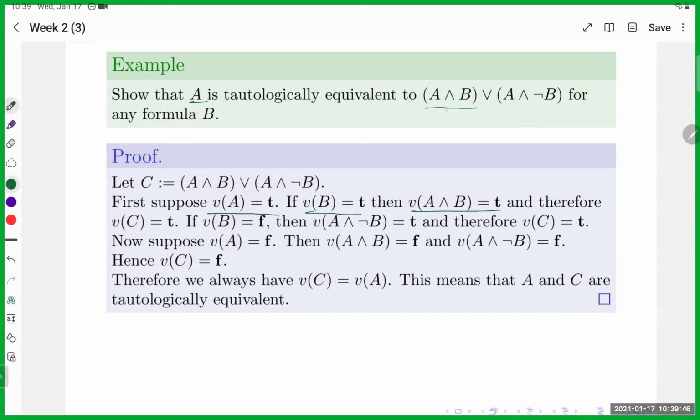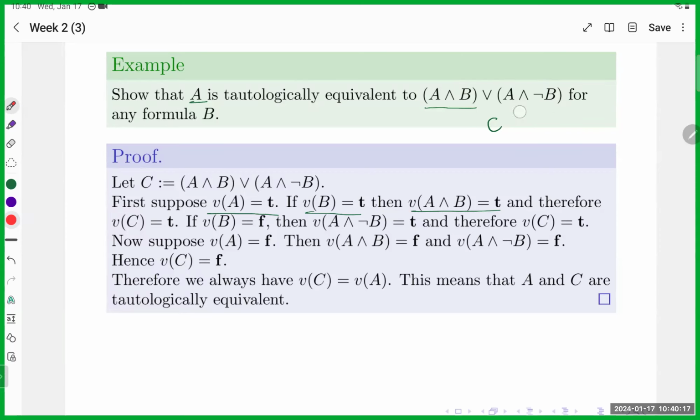So we have this part of C. Note that this is C. And if this is true, true or anything is going to be true. So V of C is true. And if V of B is false, then V of negation of B would be true. Now V of A and negation of B is going to be true. Again, true or anything is true. That's it for the first case.